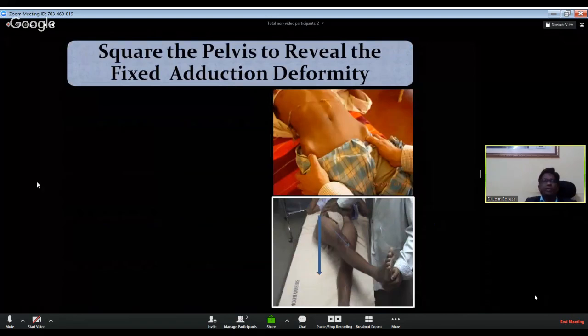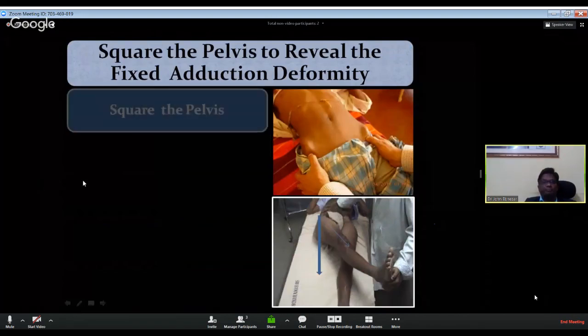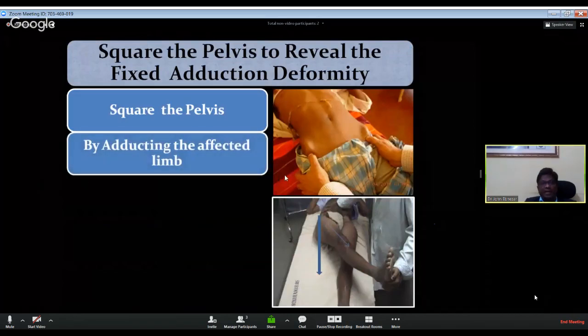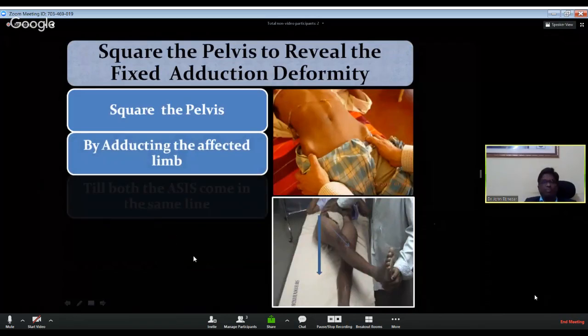Now, you need to square the pelvis to reveal the fixed adduction deformity. How do you square the pelvis? By adducting the affected limb. So this is the fixed adduction deformity. Now, you need to move this leg so that both the ASIS come into the same straight line.